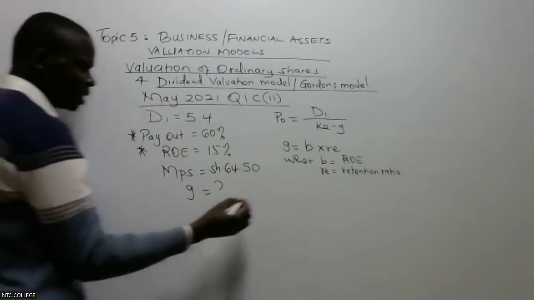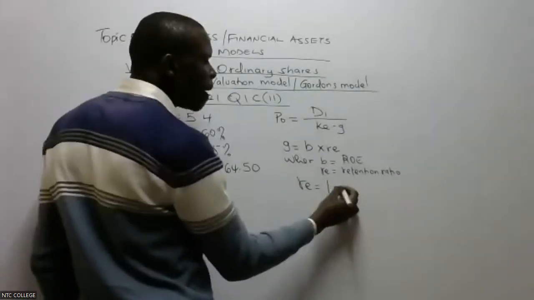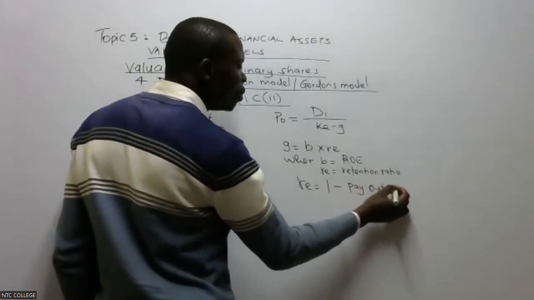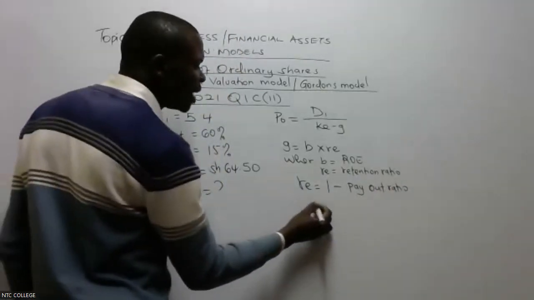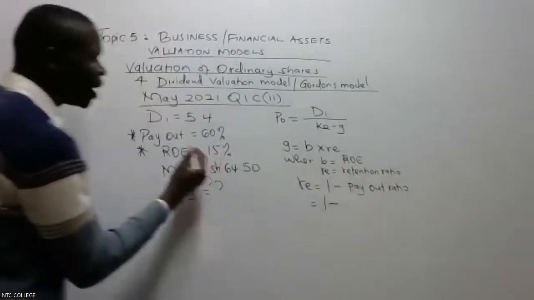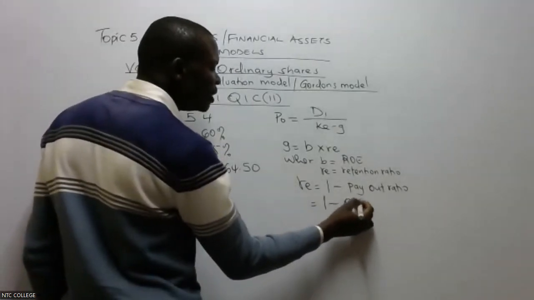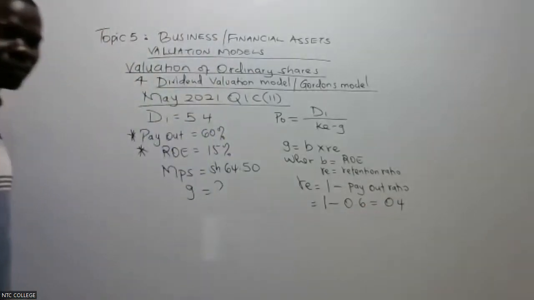To get your RE, you take 1 minus the payout ratio. So it's 1 minus the payout ratio of 60%, so it's 1 minus 0.6, which gives you 0.4, right?